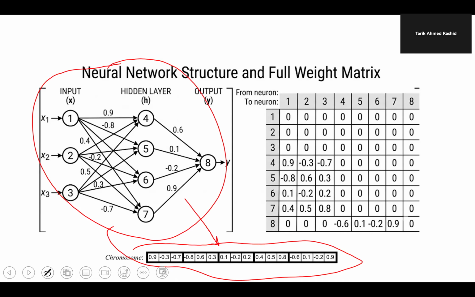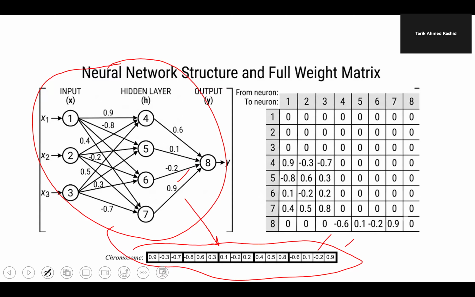Minus 0.3 is the connection between 2 and 4. And minus 0.7 is the connection between 3 and 4, and so on and so forth. And the connection between 7 and 9 is 0.9. And the connection between 6 and 8 is 0.2, which is that 0.2 here. So on and so forth.